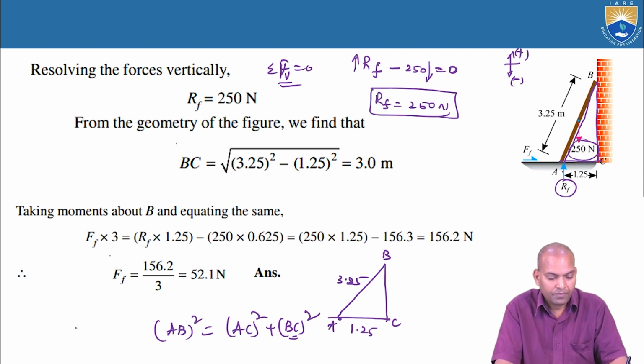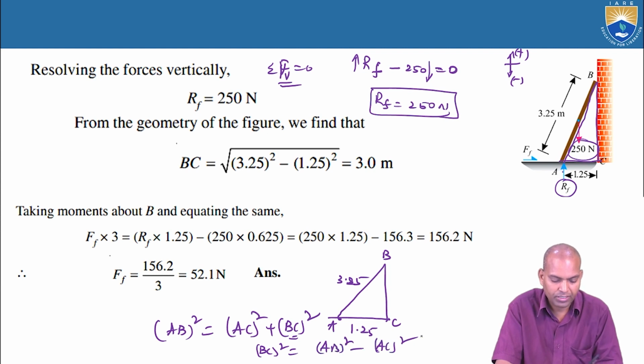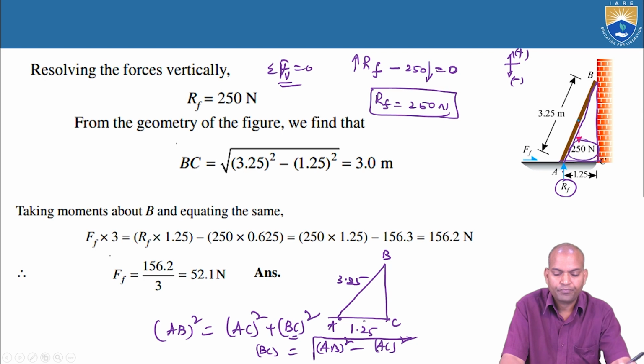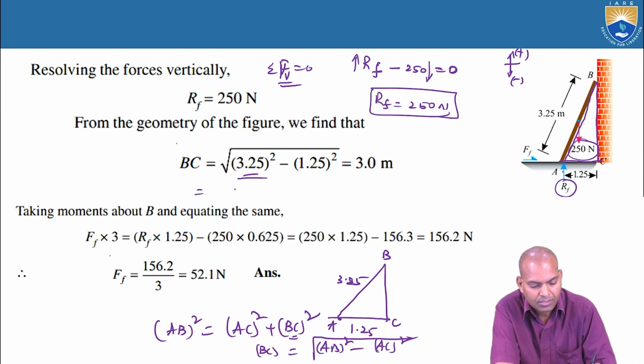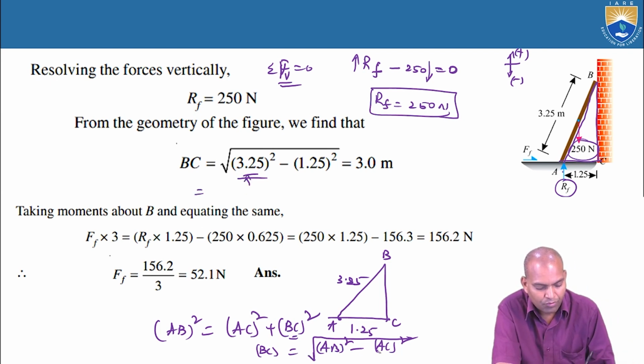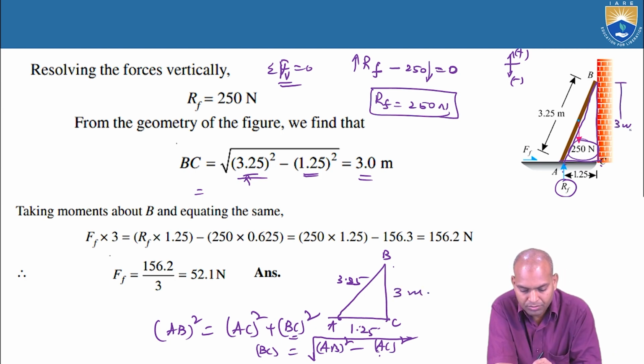From that, BC equals the square root of AB square minus AC square. What is the AB value? AB is 3.25 meters squared, minus AC, which is 1.25 meters squared. Now we get BC. That BC is 3 meters.